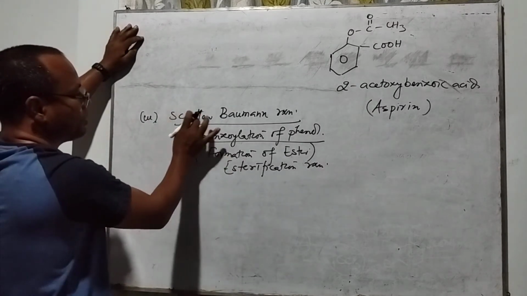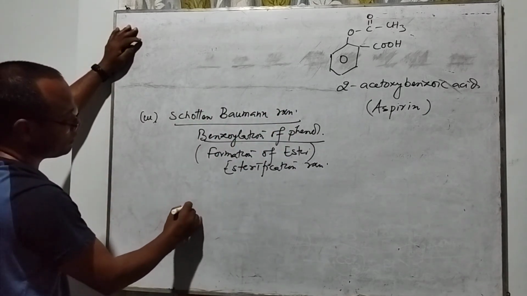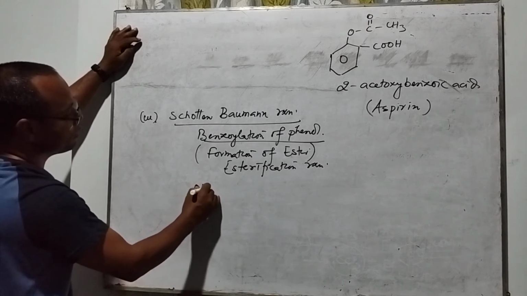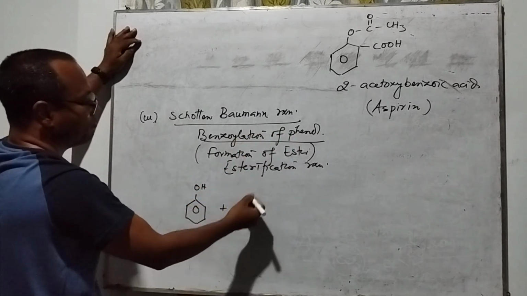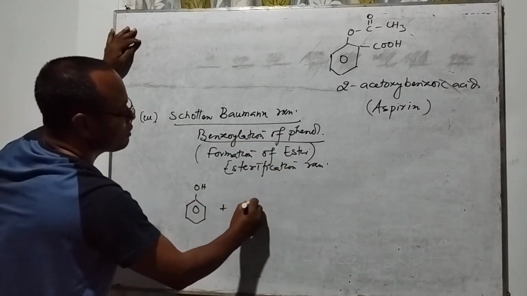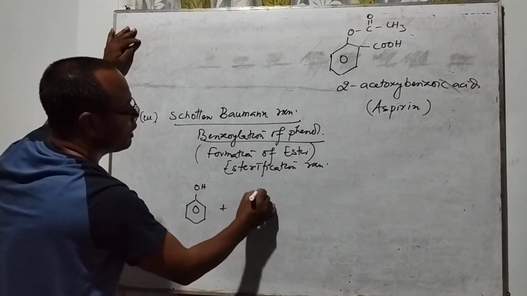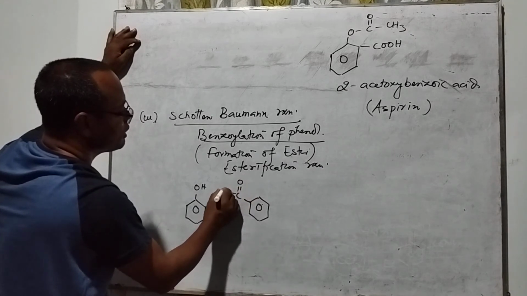Simple, the Schotten-Baumann reaction is the reaction between phenol plus benzoyl chloride. Benzoylation comes from the benzoyl chloride like that. This is the benzene ring. So here I can start to write: this is the C double bond oxygen, now here is the Cl.